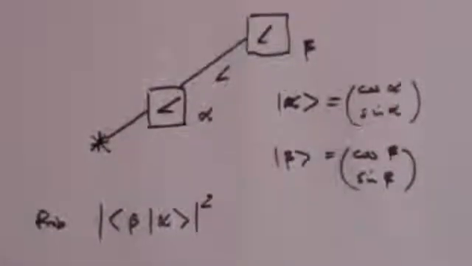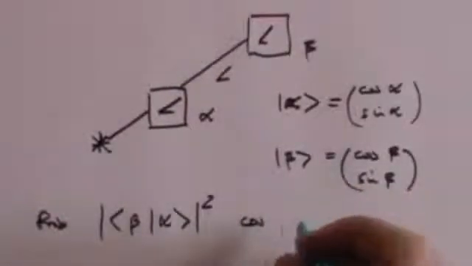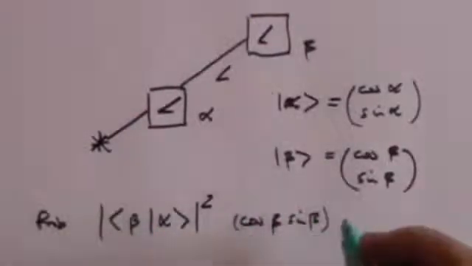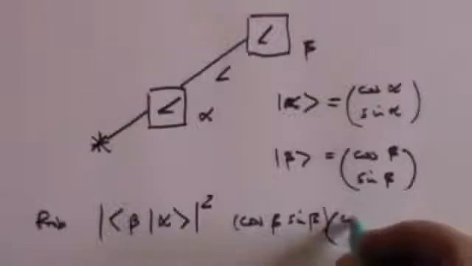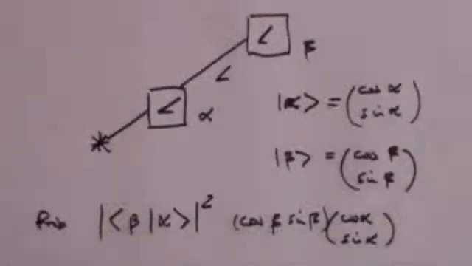Okay, so let's just write that out. That will be cosine beta sine beta, that's for this one. And again, I'll say you should take the complex conjugate, but there are no imaginary terms, so we don't need to worry. Multiplied by cosine alpha sine alpha.